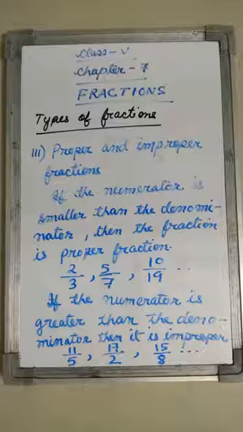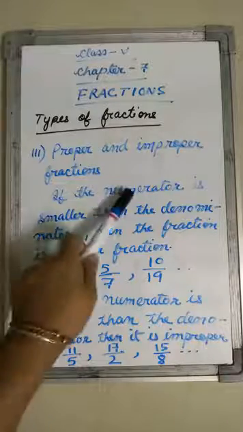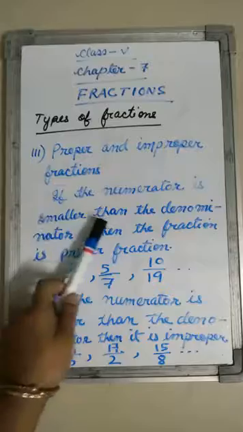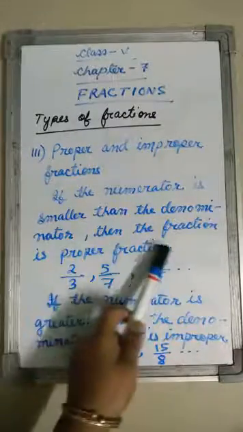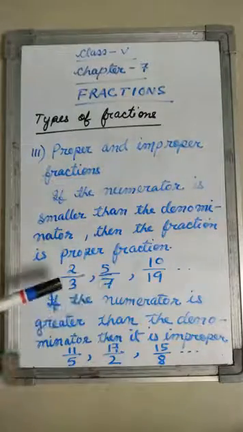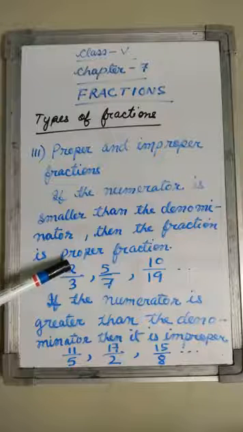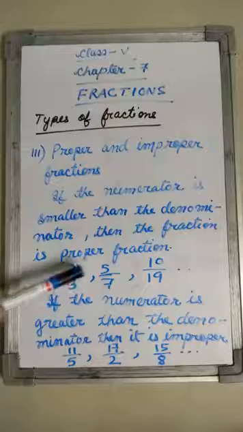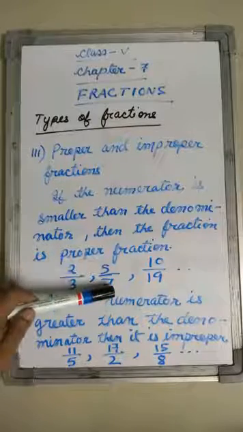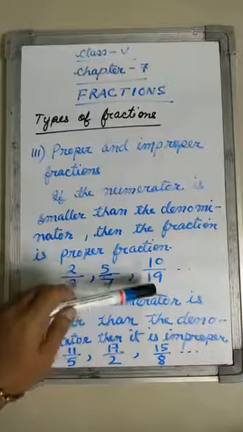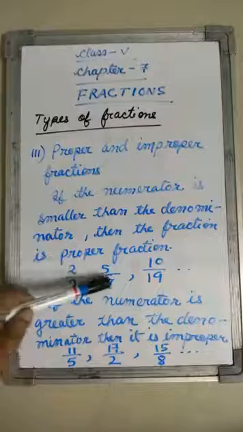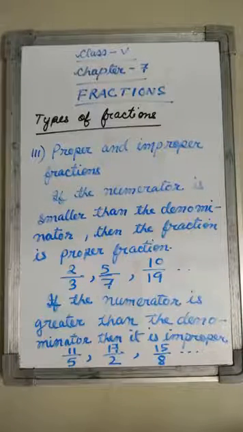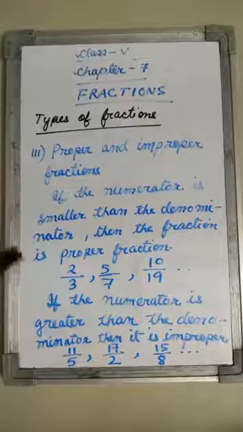Next is proper and improper fractions. If the numerator is smaller than the denominator, then the fraction is a proper fraction. Here 5 is smaller than 7, 10 is smaller than 19. So these three fractions are proper fractions.